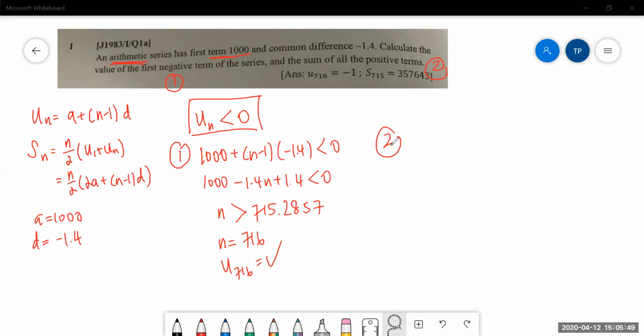Take n as 715, then just sub into the n over 2 (u1 plus un). Correct. Okay, so we are done for this question. Let's move on to the second question.